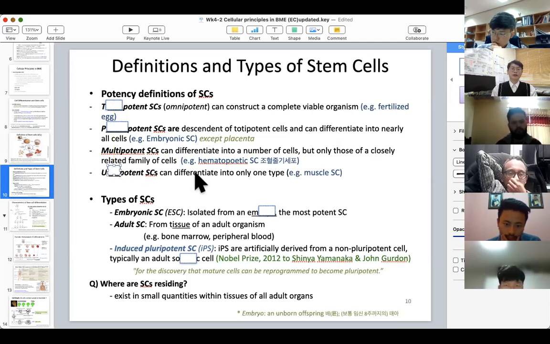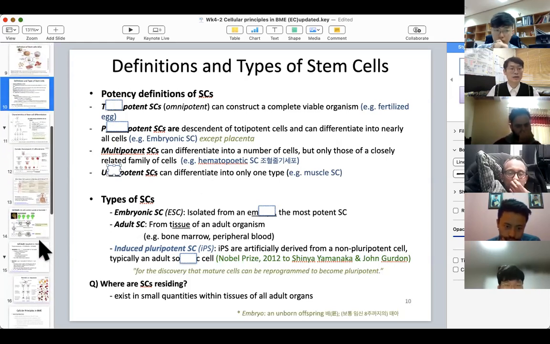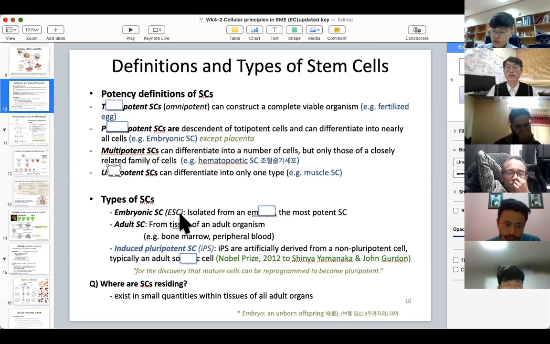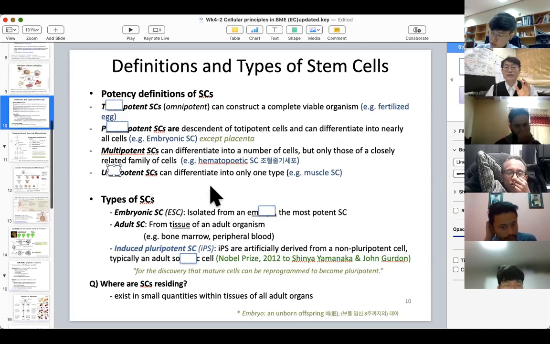Okay. So that's a definition based on potency, but based on their types, there are embryonic stem cells, which are isolated from an embryo.